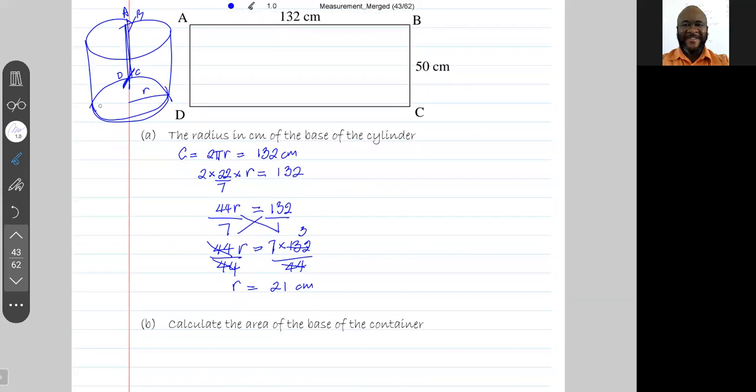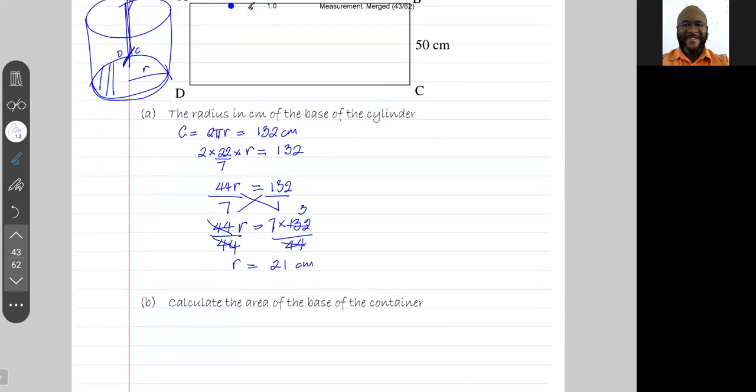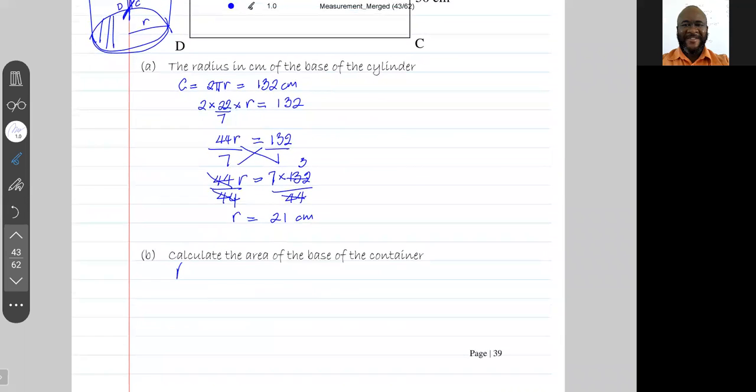Next, we're asked to calculate the area of the base of the container. So this is the base of the container where the radius is 21. So the area would be equal to pi r square, which is 22 over 7 times 21 times 21. 7 into 21 goes 3 times.